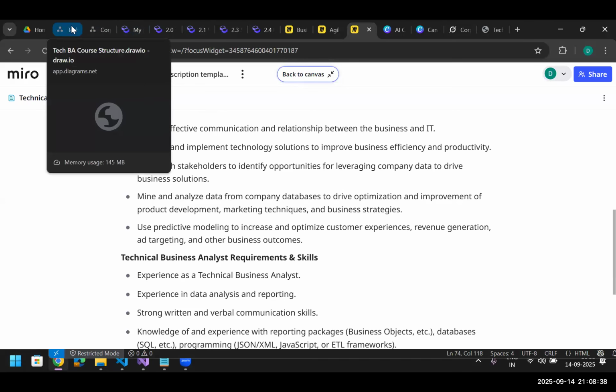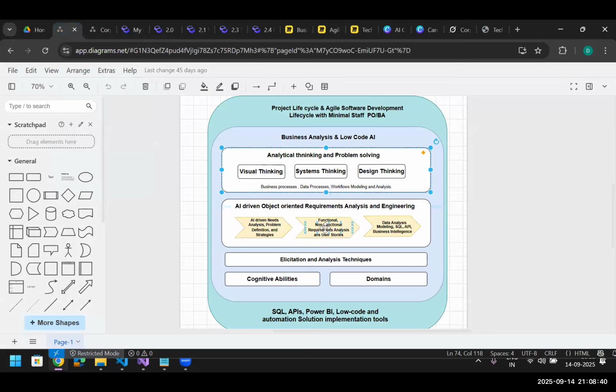Two things: you should be able to be functional as well as data oriented. Let me share my experience. Eight to ten years back, we used to teach BA. I used to coach BAs, even one on one sometimes.